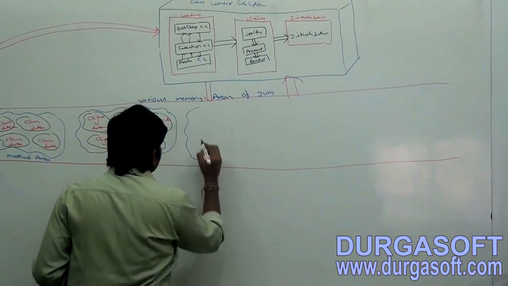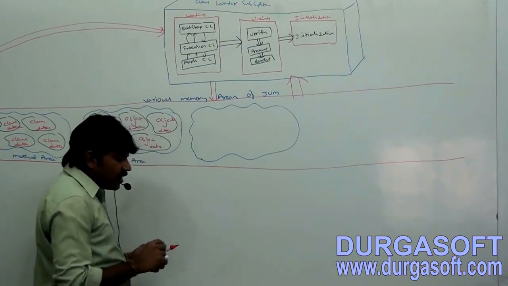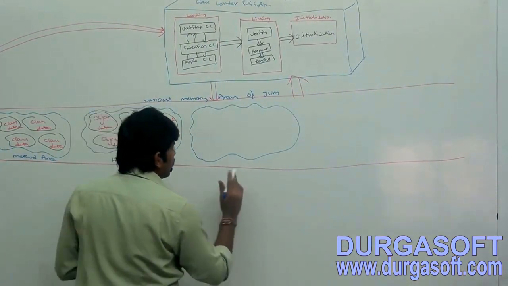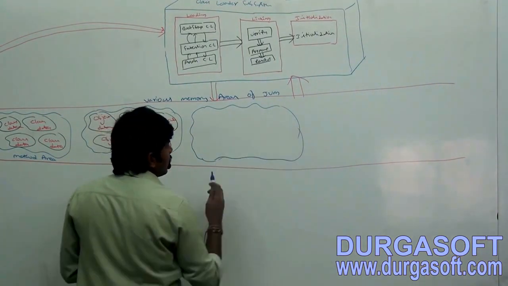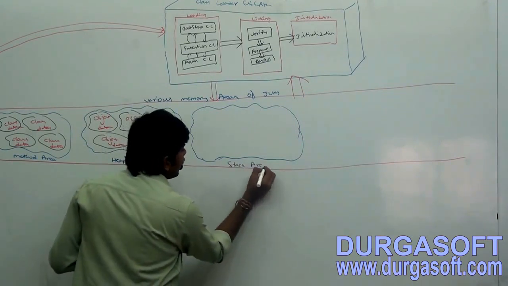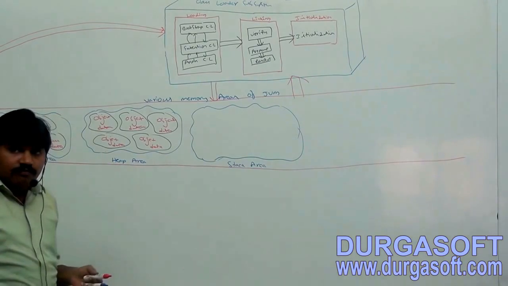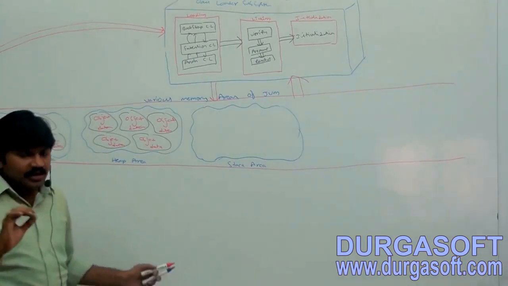Now the third one. What is the third memory area? Stack area. In the stack area, I covered that for every thread a separate runtime stack will be created.